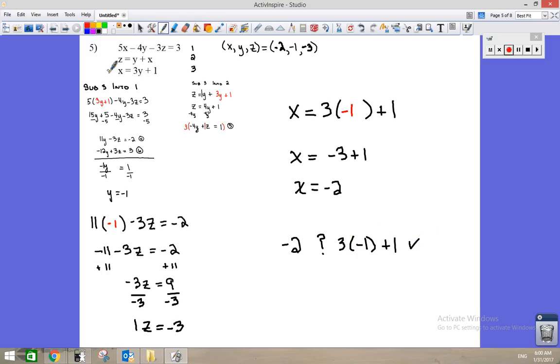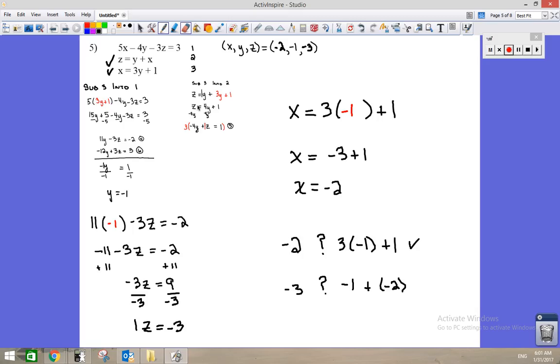So, hey, that checks. What about the second equation? Z was negative 3, and the big question is if you add y, which is negative 1, and x, which is negative 2, yeah, negative 1 plus a negative 2 is negative 3.